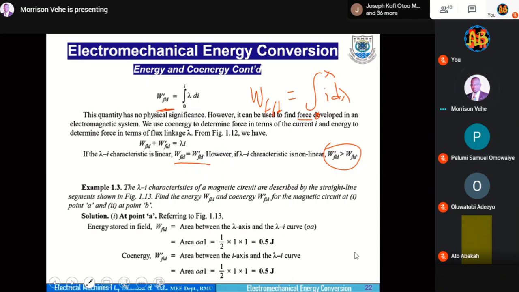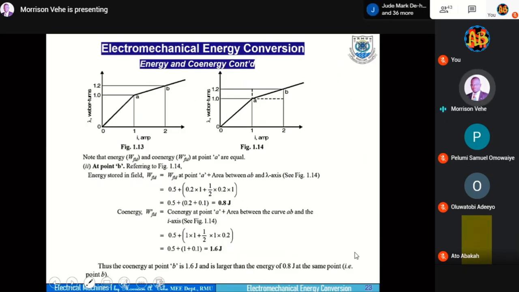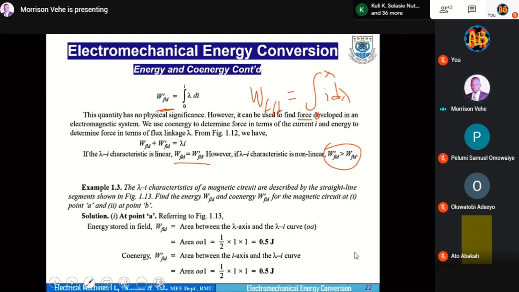So you can also talk about a few examples here. This is a simple example that deals with energy and co-energy, and it explains what we are talking about.